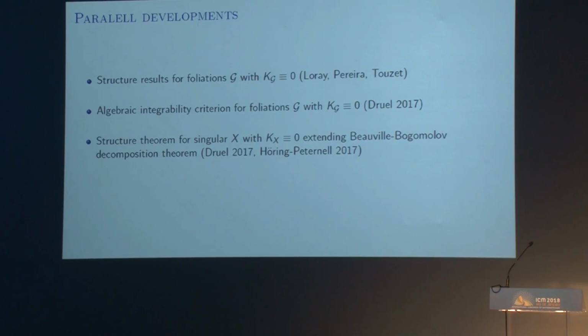The classical Beauville-Bogomolov decomposition theorem says that if you have a smooth projective variety with numerically trivial canonical class, then after taking a finite étale cover, this is a product of tori, Calabi-Yau manifolds, and irreducible symplectic manifolds. And very recently, this has been generalized to mildly singular projective varieties. As I said, the key ingredient is this algebraic integrability criterion by Stéphane Druel.